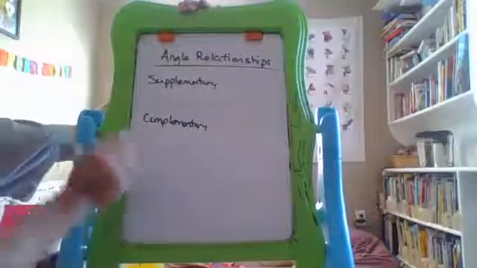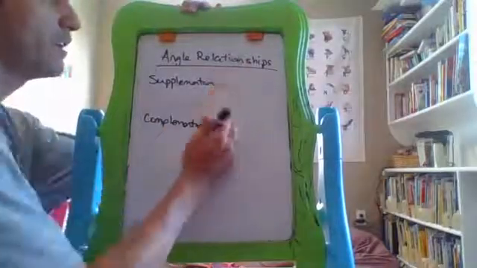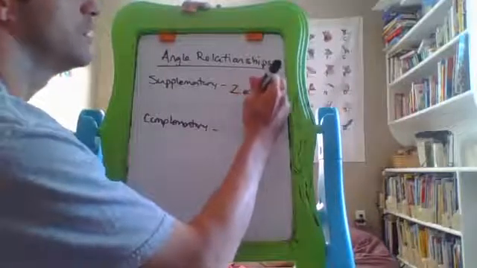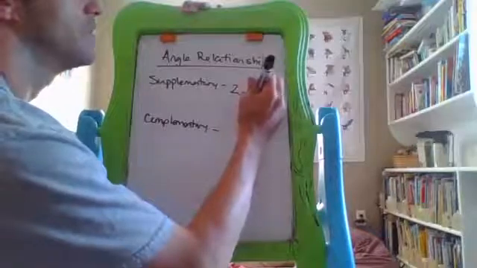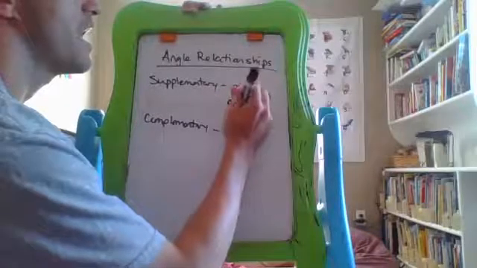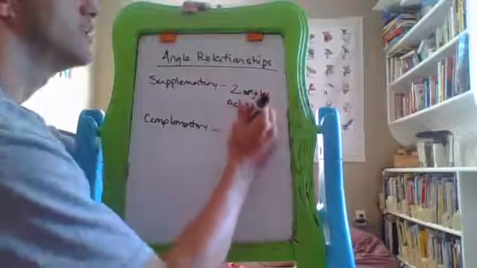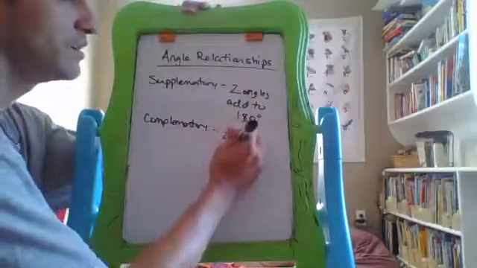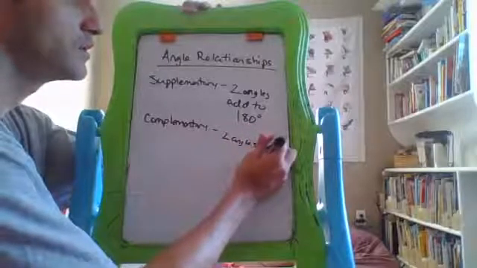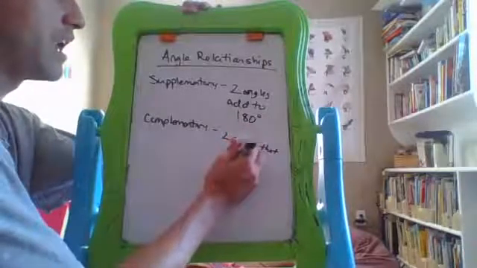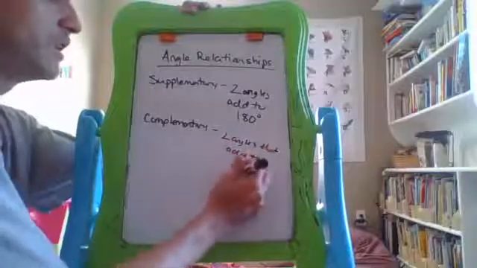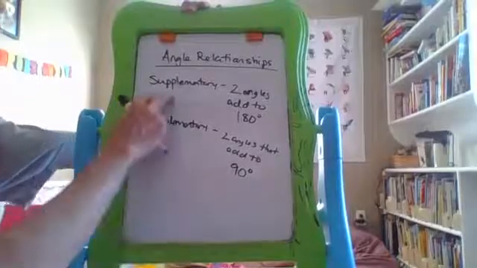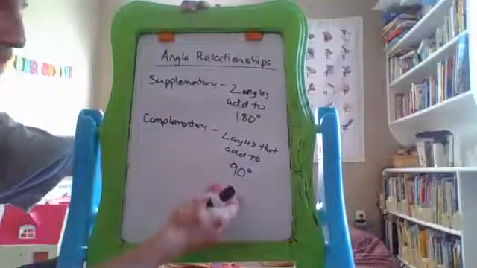Very quickly, supplementary means that two angles add to 180 degrees. For complementary, we're going to say two angles that add to 90 degrees. So supplementary, two angles add up to 180; complementary, two angles add up to 90.